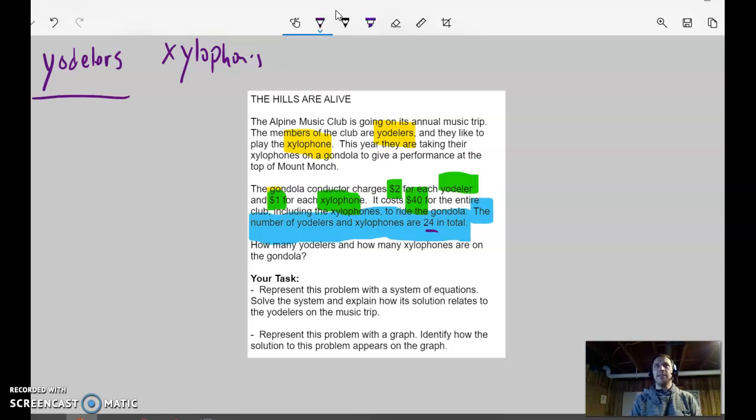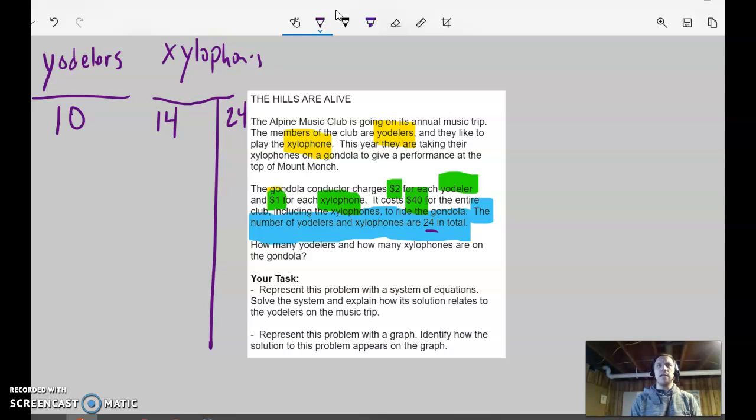So I'm going to guess 10. I like guessing 10 because it's a nice easy number to multiply by. But then I think if there's 10 yodelers, how many xylophones? Well, I need to get up to 24 total. So 10 and what is 24? 10 and 14 is 24. So 10 yodelers, 14 xylophones, that would get me to 24.